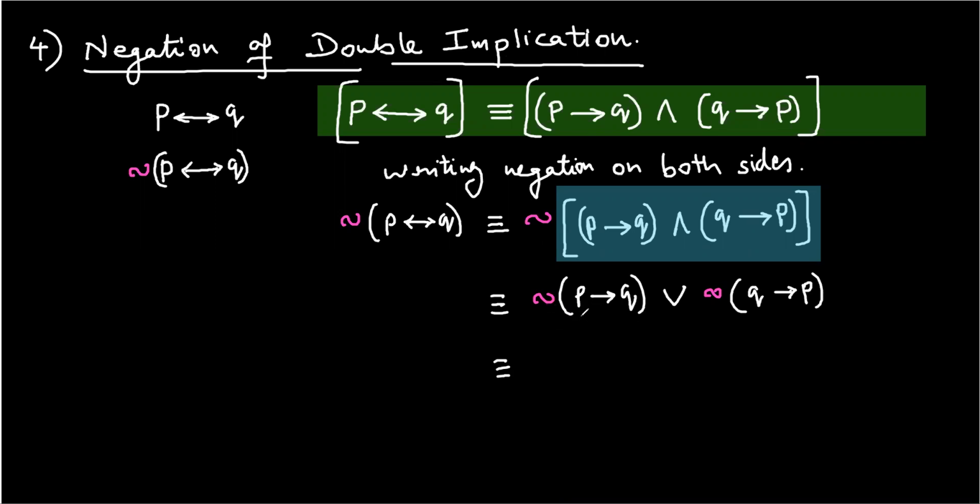Is this not P implies Q, and here we have negation? This is Q implies P, and here we have negation. We have already done, just a few minutes back, negation of if P then Q. What is negation of if P then Q?